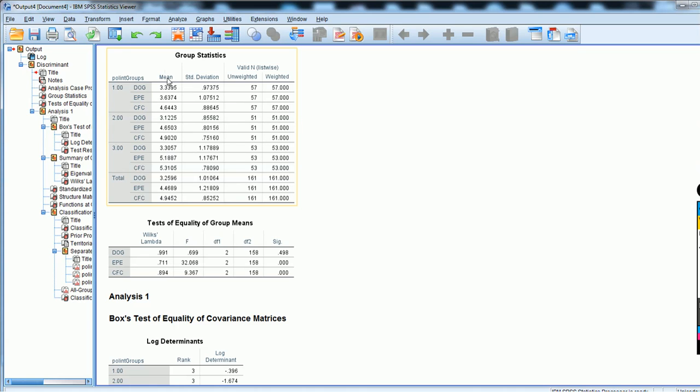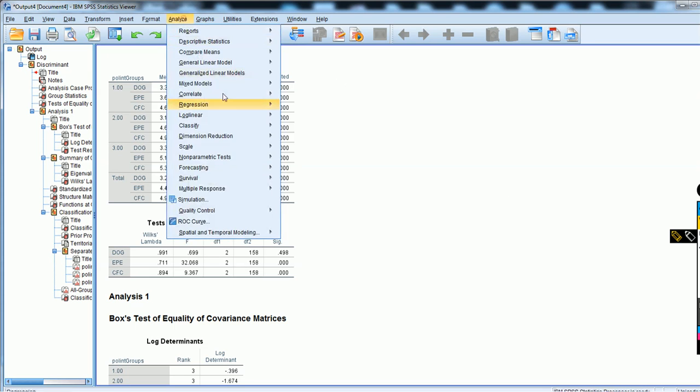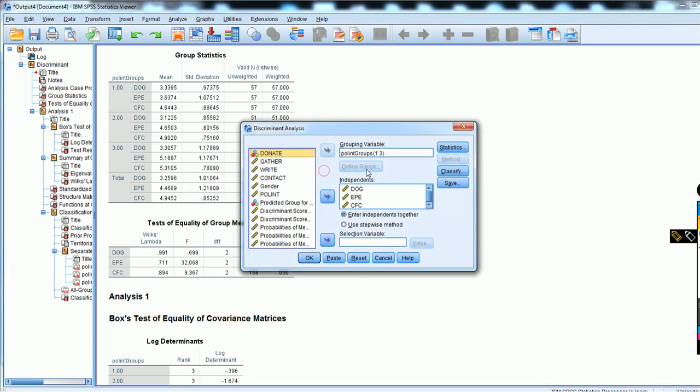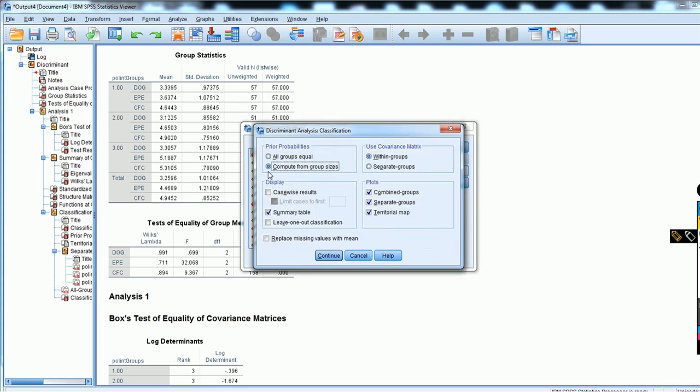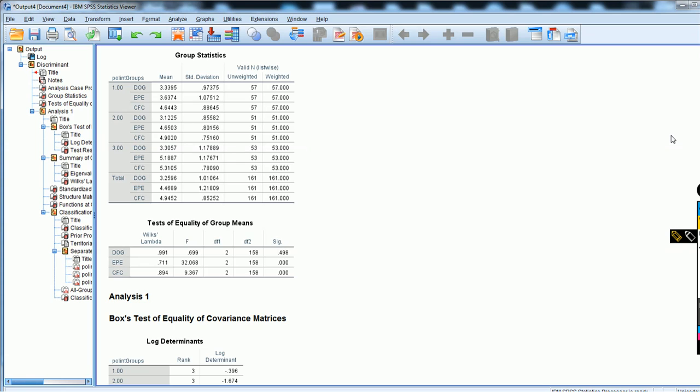You can see that we have means and standard deviations and the valid sample size using listwise deletion for each of our groups on our variables. So you can see that we had 57 cases in group 1, 51 cases in group 2, and then 53 cases in group 3. So again, that further justifies our decision when we were asking about the prior probabilities that we were going to use compute from group sizes, because those group sizes were unequal.